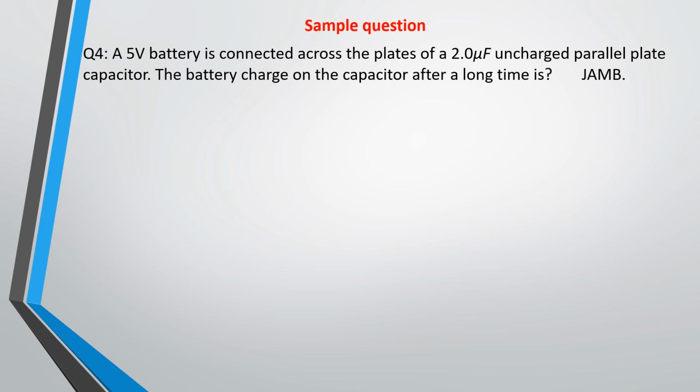For this particular problem, you are given V to be 5 volts, and C to be 2 microfarad. We have said that to convert microfarad to farad, you have to multiply it by 10 raised to the power minus 6.